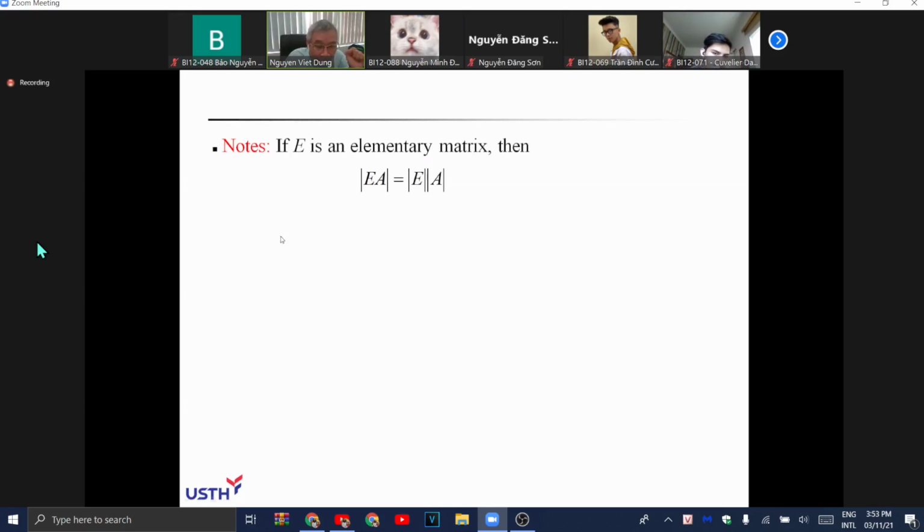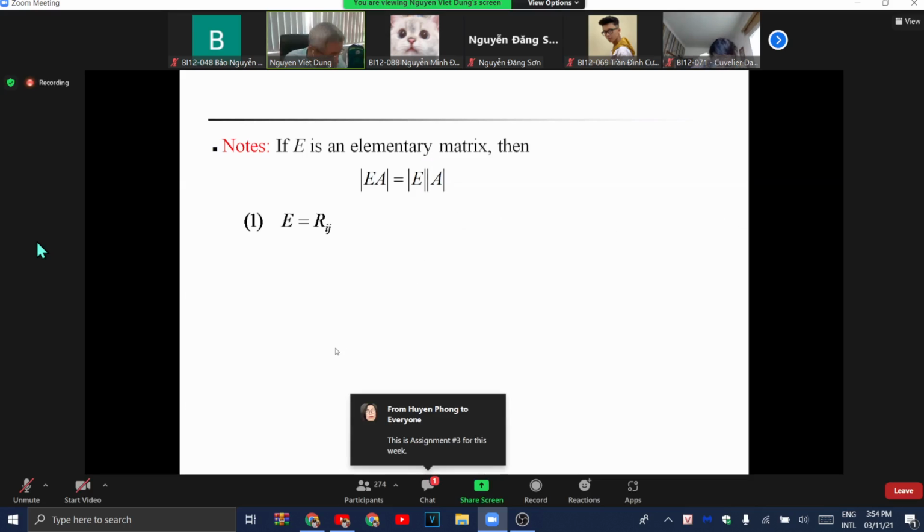Now the property says that if we take any elementary matrix E and multiply by a square matrix A, then the determinant of the product equals the product of the determinant of E and the determinant of A. I can show you in the following way. Because we have three kinds of elementary matrices, we consider each kind.